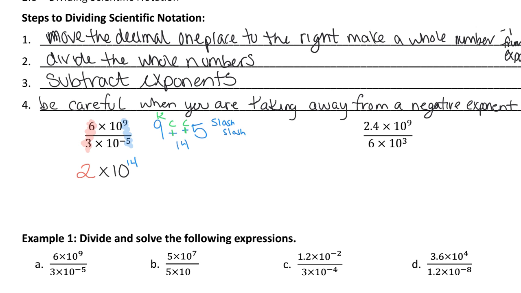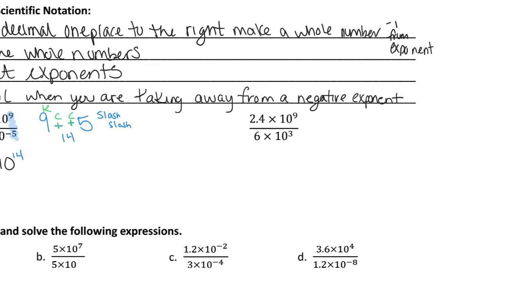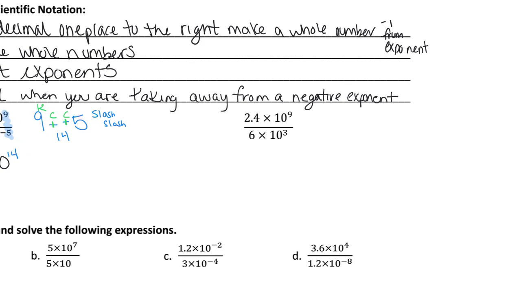All right, so let's do one more together. Let's do this one. So the first thing we have to do is look, do we have decimals here? We do have decimals, so I have to move this over to the right to make this a 24 times 10. And remember, when I move it over, I subtract 1, so this is really 8.